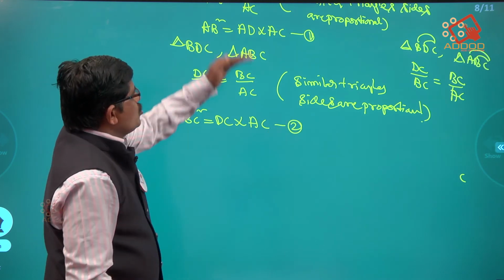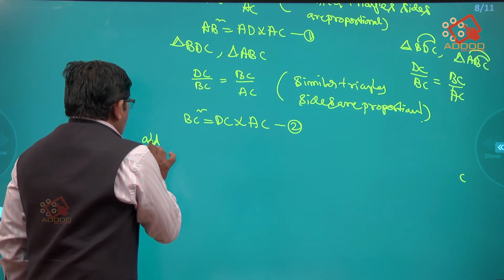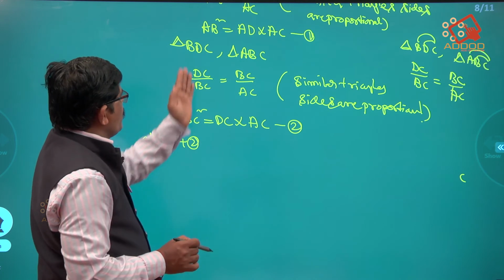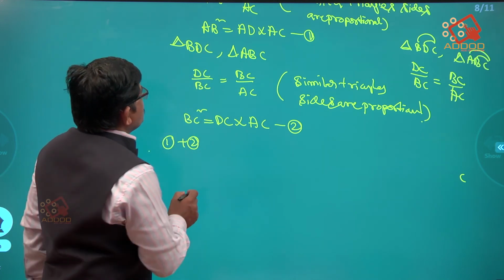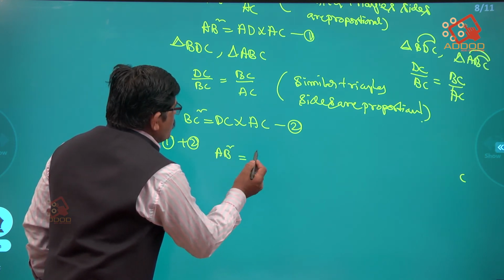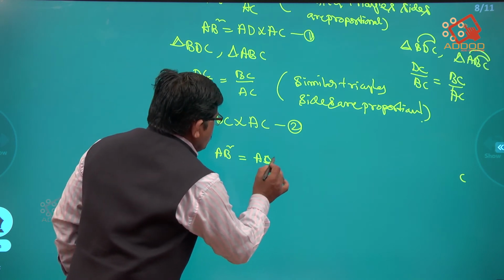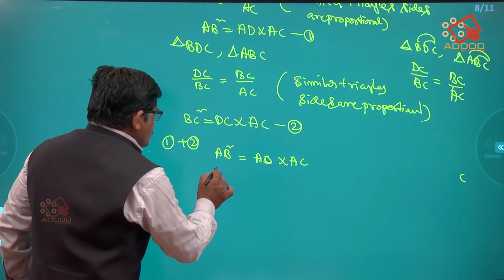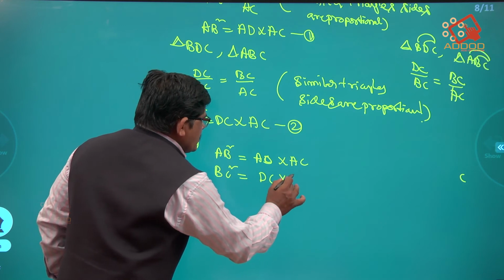Here in those two equations, add 1 and 2. The first equation is AB square is equal to AD into AC, and the next one, BC square is equal to DC into AC.